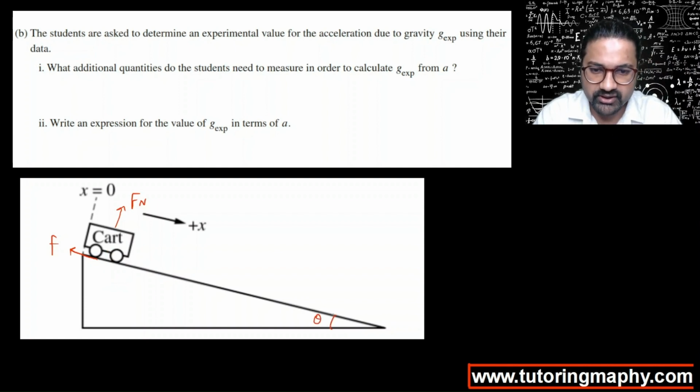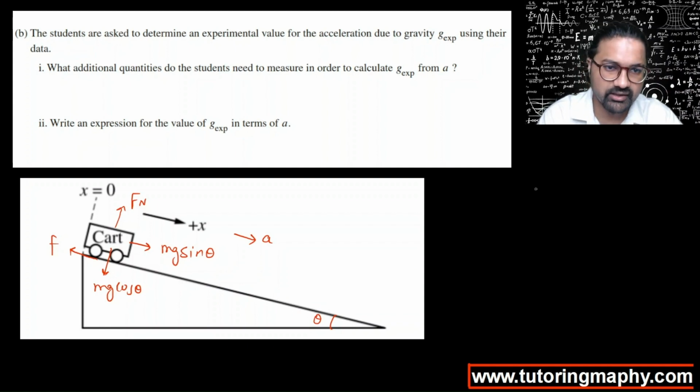This is going to be theta, so this is going to be mg sine of theta, and this is going to be mg cos of theta. These are going to be the components in the FBD. And of course, the acceleration is right here.